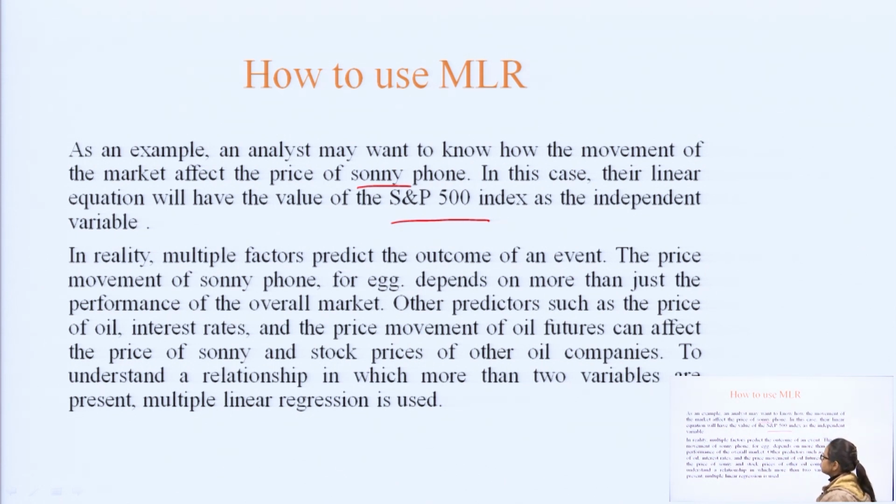These are only two values, but in reality not only two factors affect the sale of phones. So, there are multiple factors, like the price movement of the Sony phone depends on the performance of the overall market. Other predictors are the price of oil and interest rates. All these factors determine the sale of the phone.